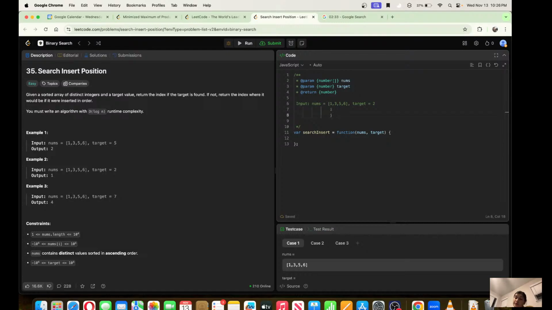And okay, this will be the search space. And if I cannot find it here, then j and i will be here.